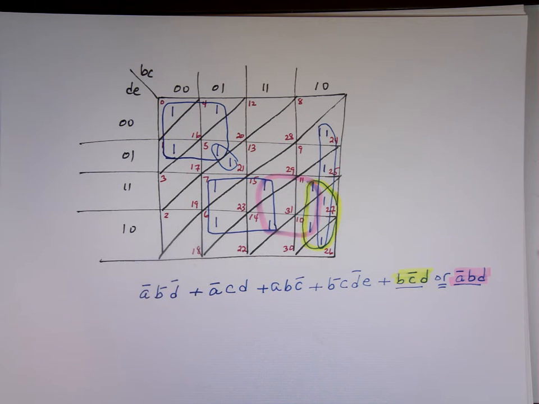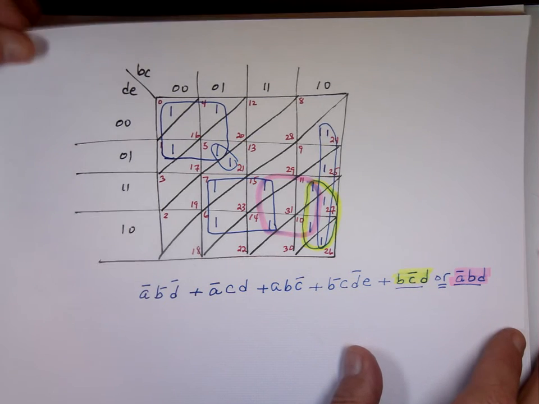Okay, let's bring in now, God help us all, 6 variable K-map. Okay, rest your arms, fingers. Just to write the problem, just to write it, you're probably going to need some rest.